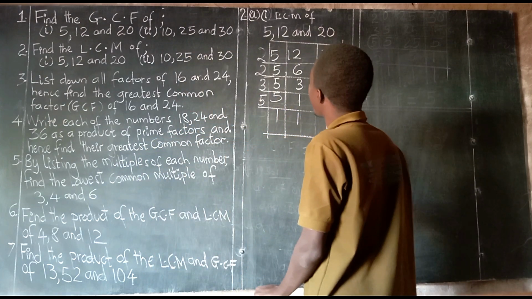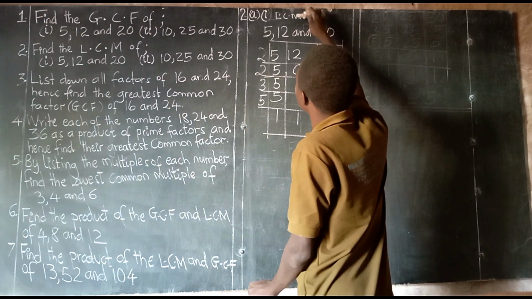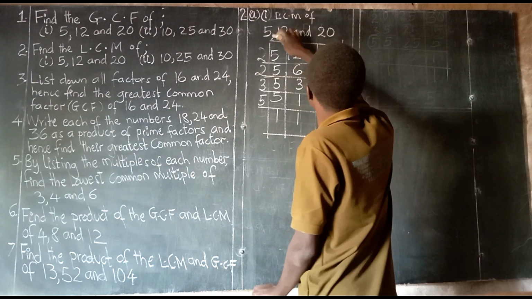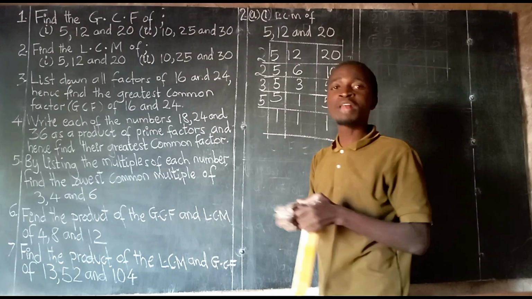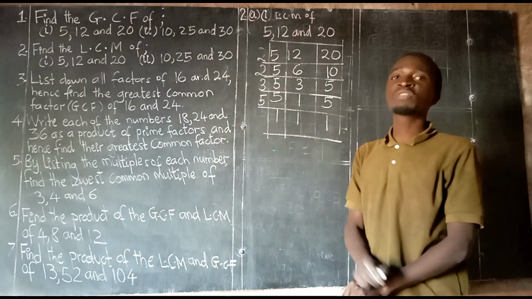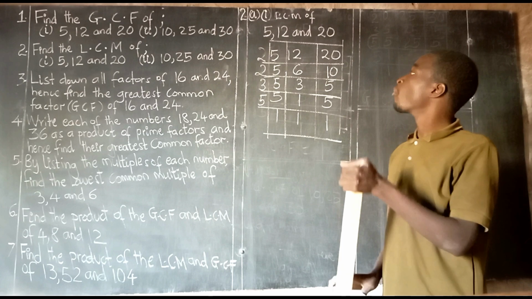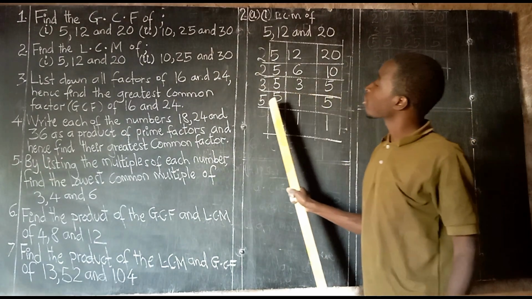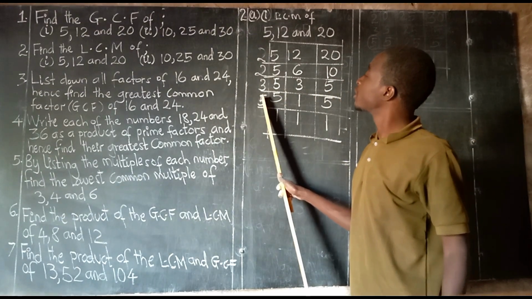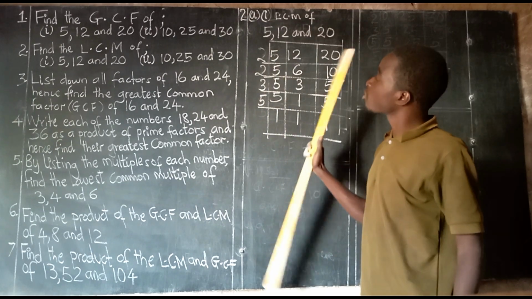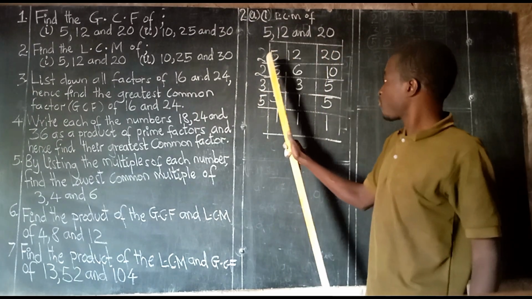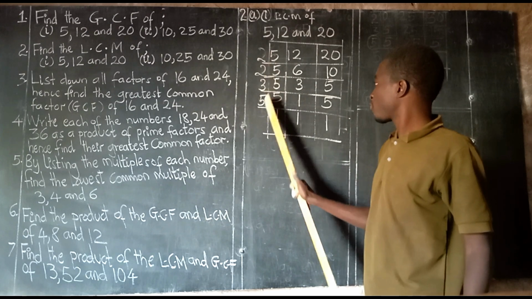So here we are asked to find the LCM of these 3 numbers. In the case of the LCM, we multiply all the prime factors which have managed to divide the 3 numbers. So here, the prime factors we have are 2, 2, 3, 5.